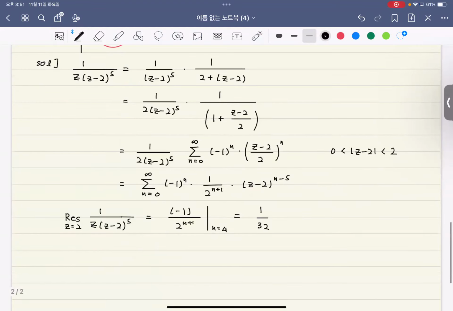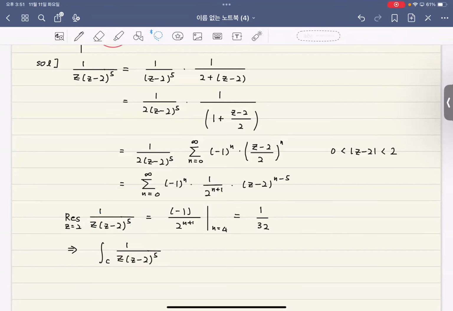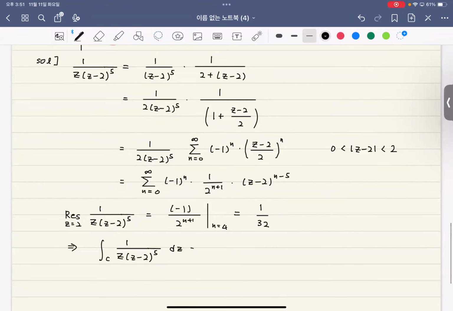Therefore, the integral of this is just 2 pi i times the residue, which is pi i over 16.